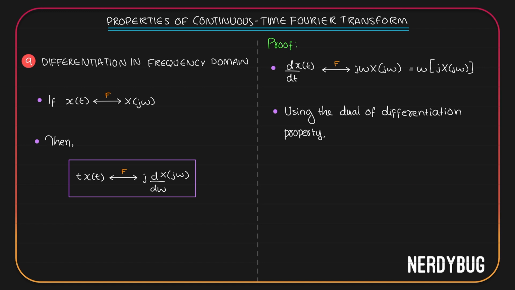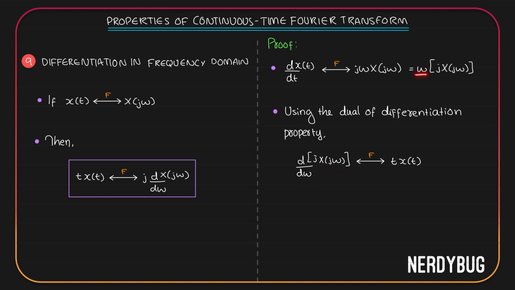Now let us use the dual of differentiation property, that is, interchange the variables omega and t. We will get the Fourier transform of d by d omega of j x of j omega will be t multiplied by x of t. Let's compare the two equations. Here we took d by dt of x of t. Here we took d by d omega of j x of j omega.